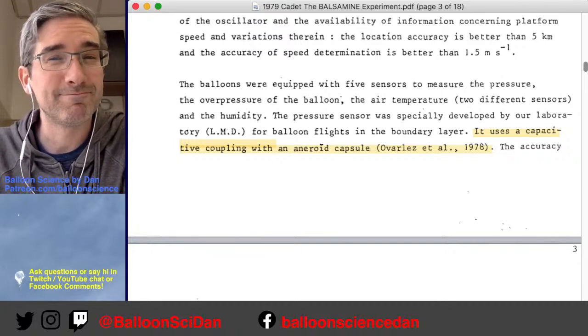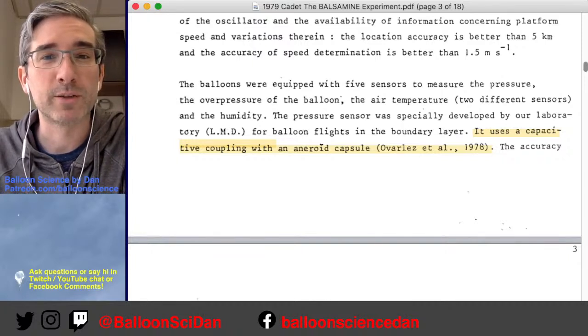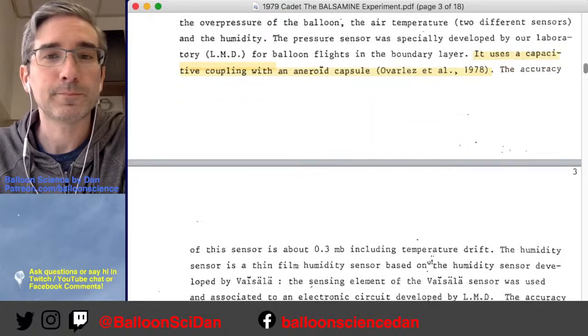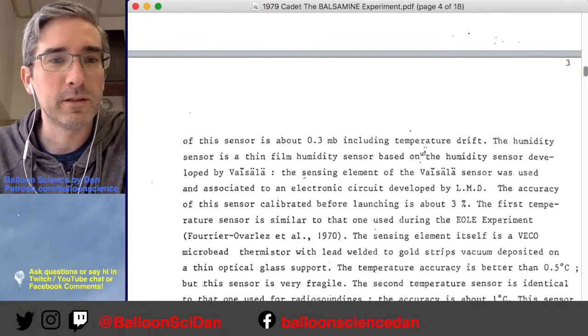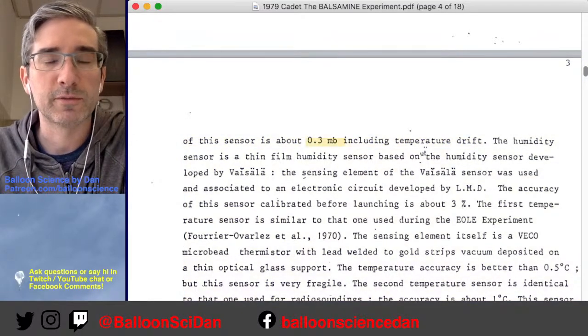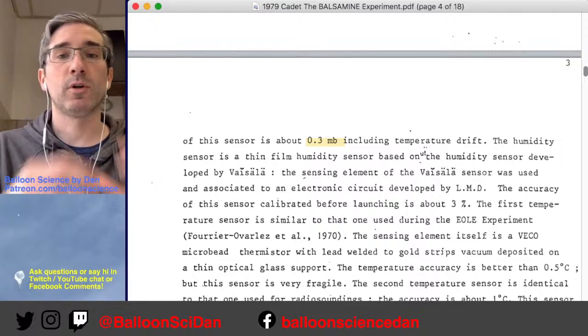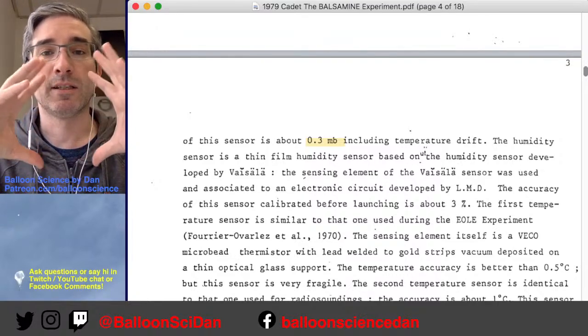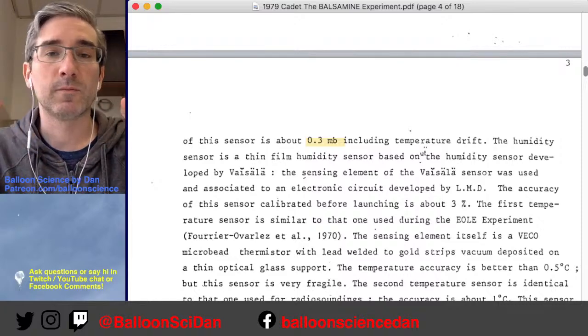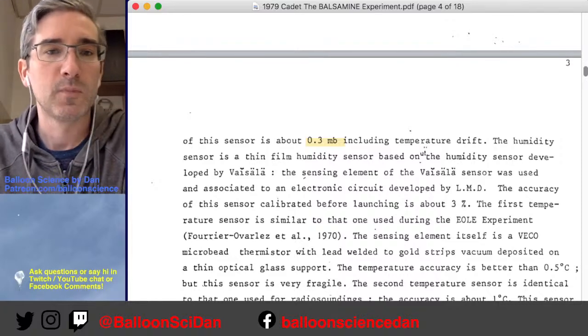Hard to calibrate, particularly over a long range, but it's what they had. Here we go. Oh, wow. Pretty good. Not terrible by today's standards, but 0.3 millibars, including temperature drift. So a metal can, the skin is going to expand and contract with temperature changes.